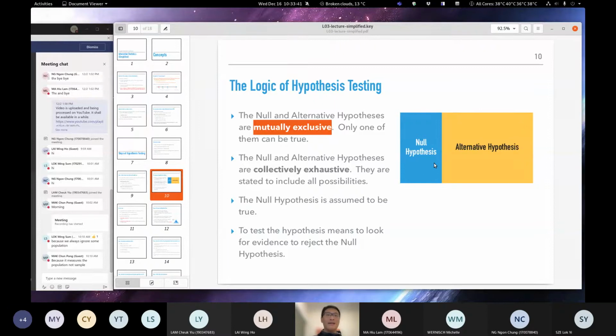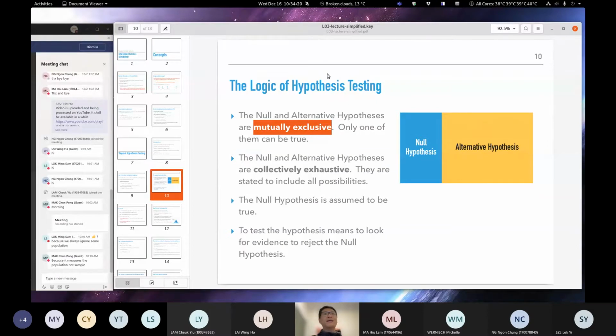Okay, so it means that if the population mean is equal to 10, then it cannot be unequal to 10. These two cannot happen or cannot be true at the same time. That is what I call mutually exclusive, or in other words, there is no overlapping between these two. Okay, that is very important. Now, when you write down your hypothesis, if your hypotheses are overlapping, then your conclusion will be meaningless. So that is very important.